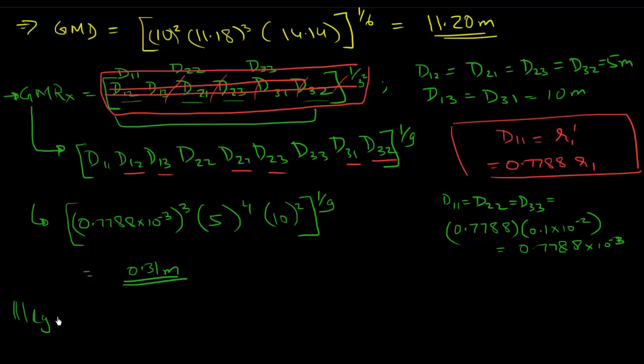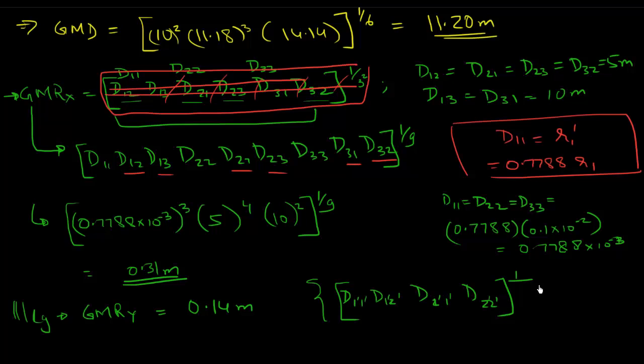Similarly, you can calculate your GMR Y, and you should get a value of 0.14 meters. GMR Y would be nothing but d of 1 prime 1 prime, d of 1 prime to 2 prime times d of 2 prime to 1 prime and d of 2 prime 2 prime raised to the power 1 by m square.